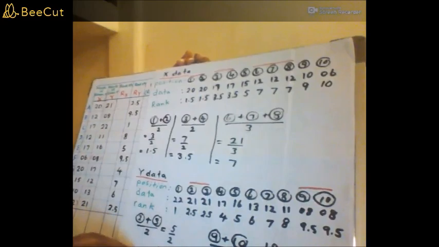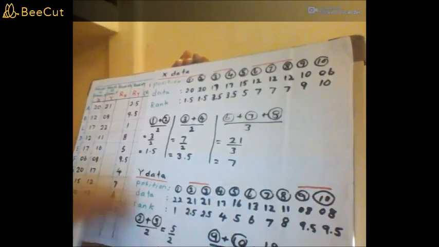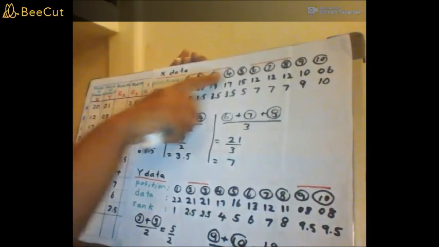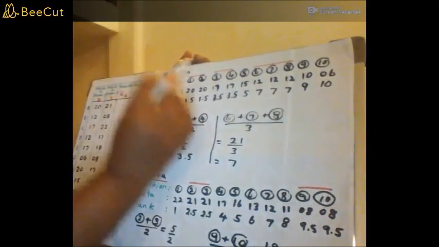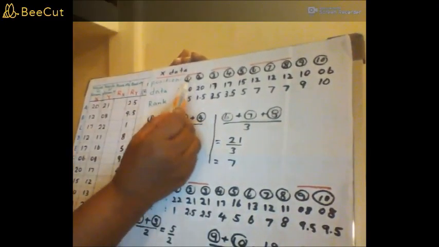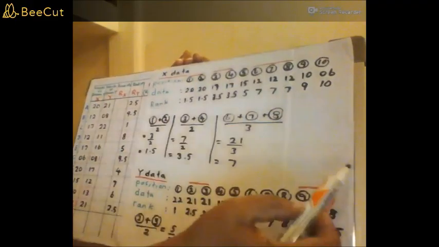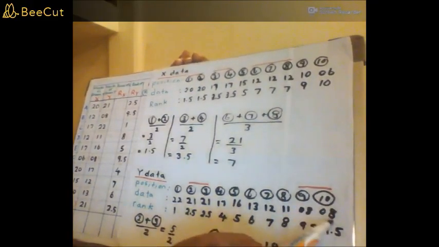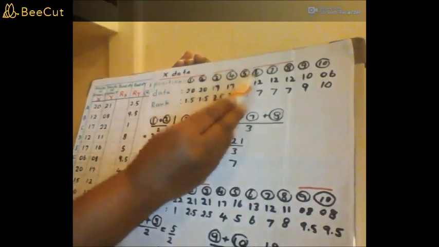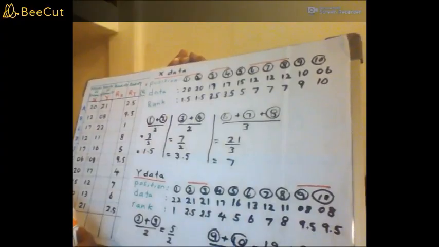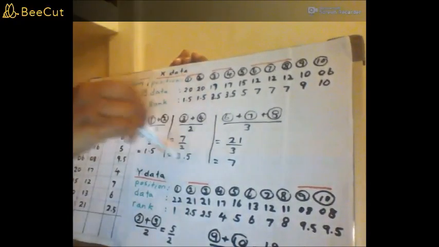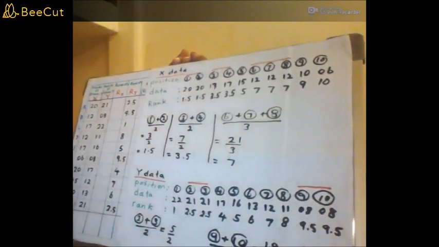Now you know the technique, so start from X data and continue like this. Even if you get similar values in the beginning or end position, you know what to do: 3 values, 2 values, all these. In this example I have included all the possible ways.